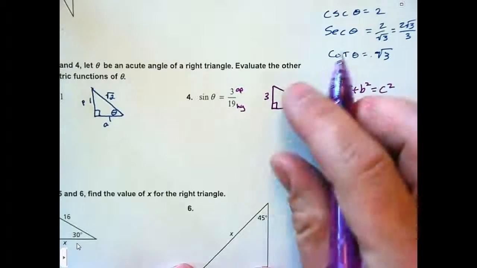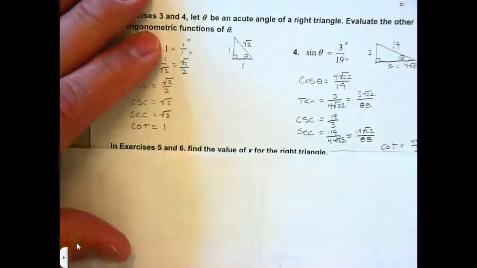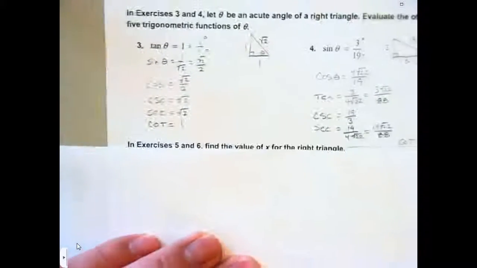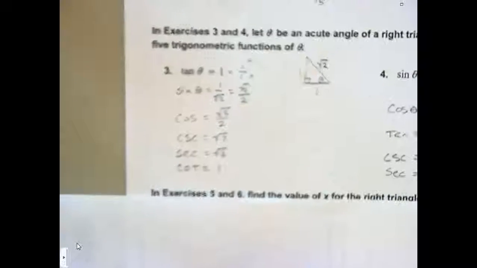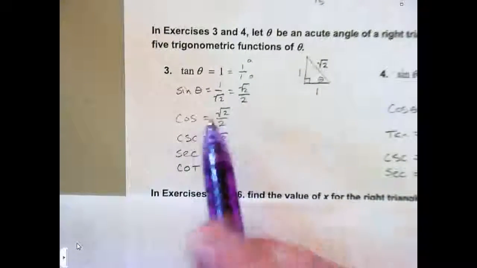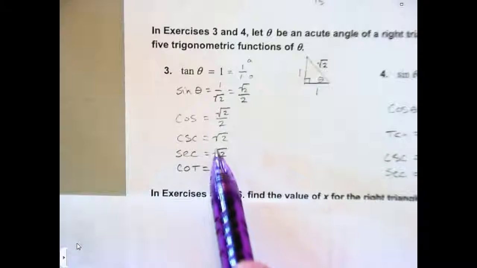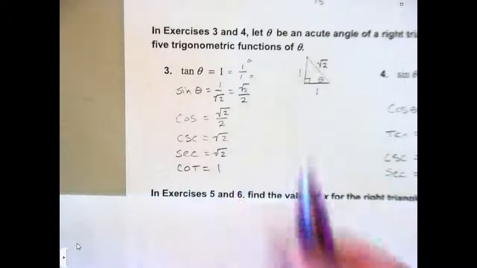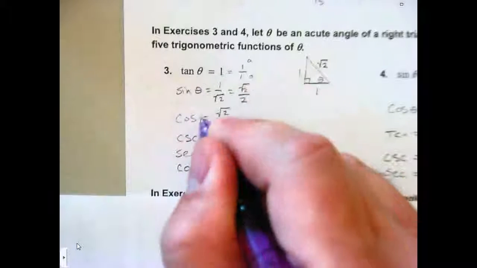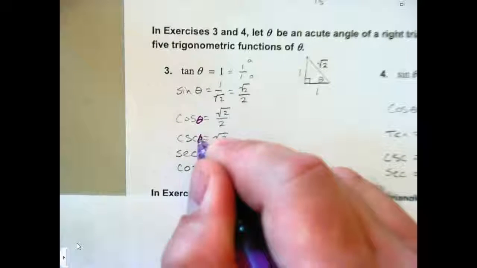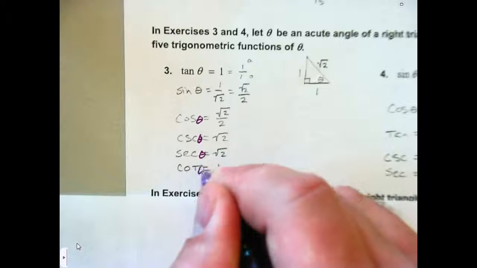Good? All right, so our different ratios, just to check your work. Let's start with number 3. 1 over root 2 is root 2 over 2. Root 2 over 2. Cosecant, root 2. Secant, root 2. And cotangent is 1. Now these all should have thetas after them. I get lazy and forget the theta sometimes.